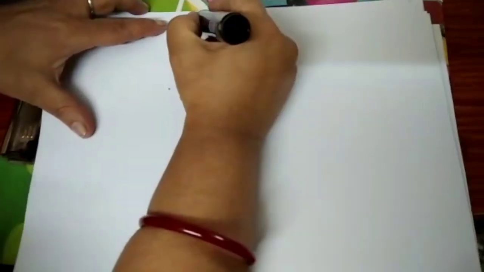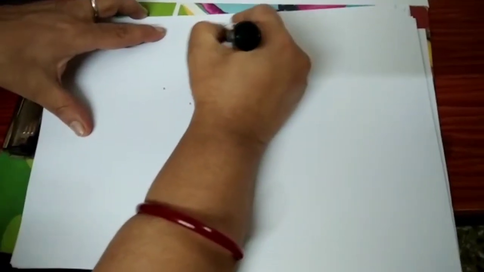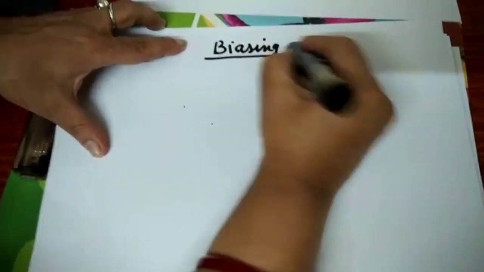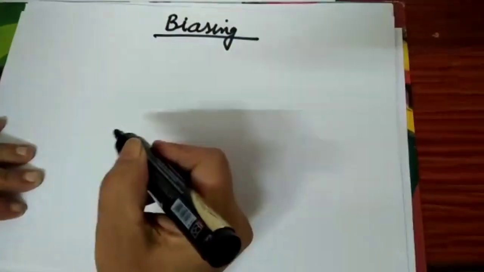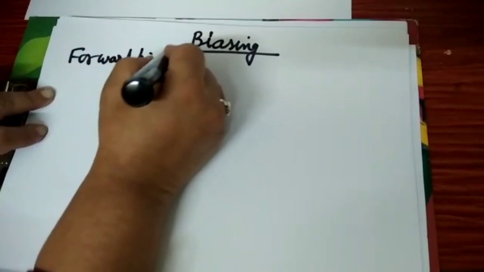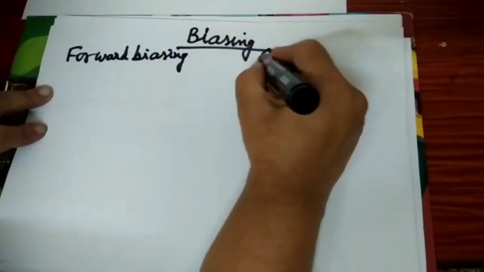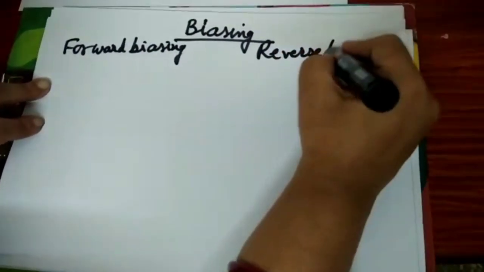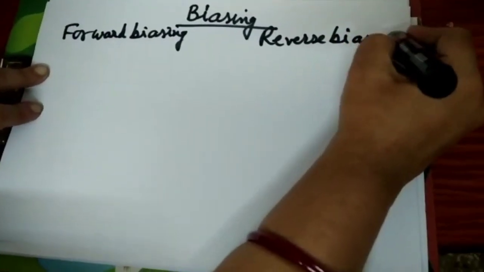To start the motion again, I will do biasing. There are two kinds of biasing. First is the forward biasing and the other one is the reverse biasing.